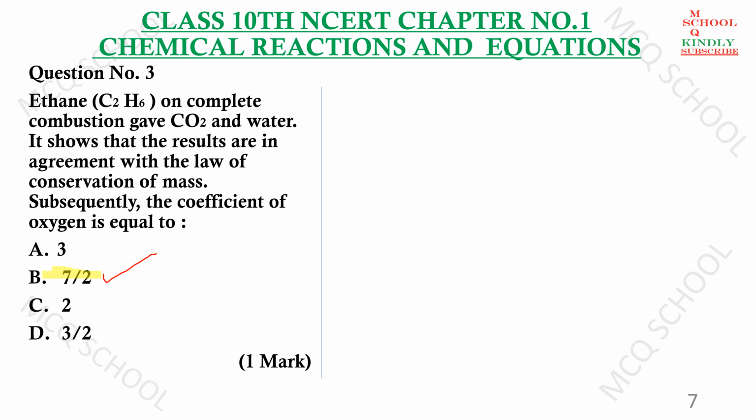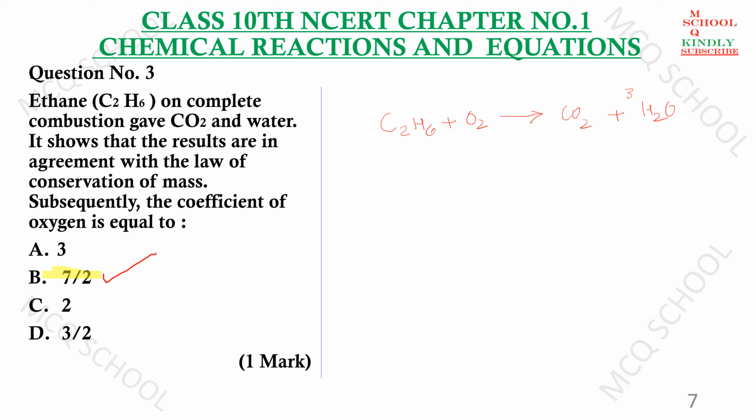To understand this, let us write the chemical equation of ethane with O2. So this is the equation. We are going to balance it. Let us check. Hydrogen on the left hand side is 6 and on the right hand side is 2. So we have to multiply H2O on the right side by 3.